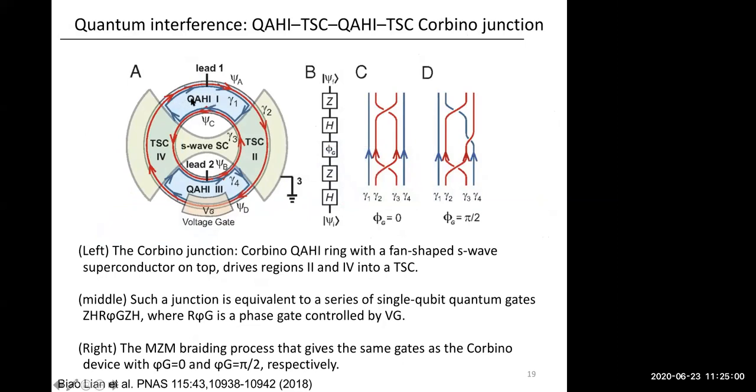The advantage of a quantum anomalous Hall insulator is that you get chiral Majorana fermions at the edges, whereas for the geometry I was showing you earlier, you get helical Majorana fermions. In any case, they showed that both of these geometries can be used for quantum computation. And this is the reference, so if you're interested, you should look it up.